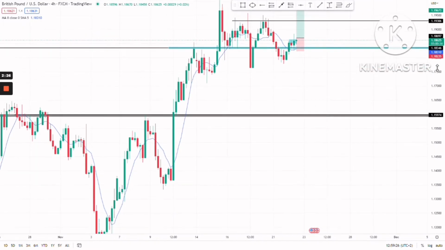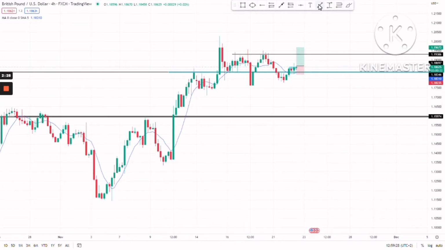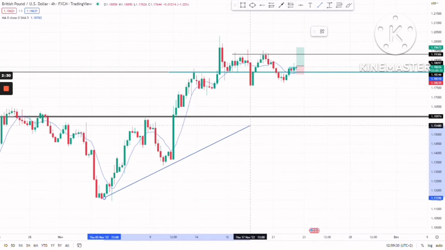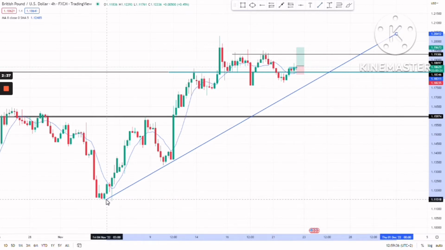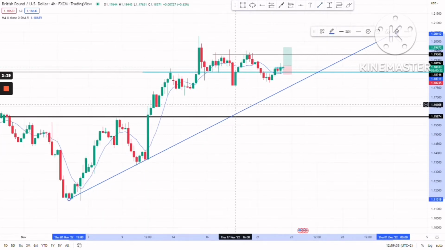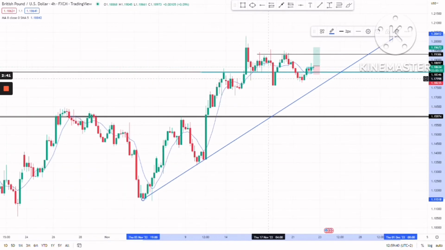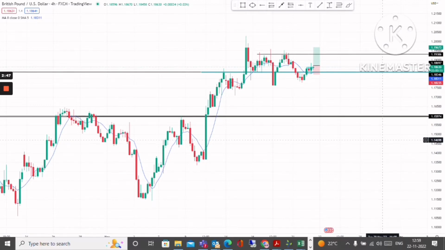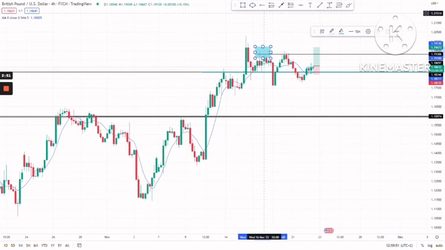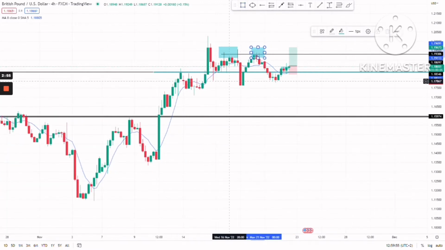On the 4-hour, I immediately see this uptrend trend line, and then this consolidation here, and I also see a double top forming here.